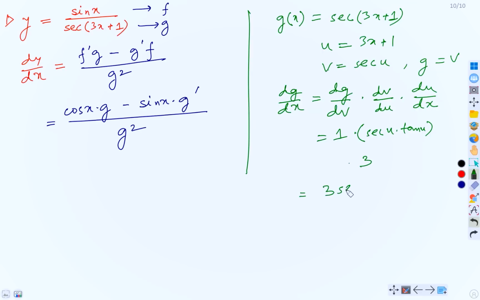So you obtain 3 secant u times tangent u.